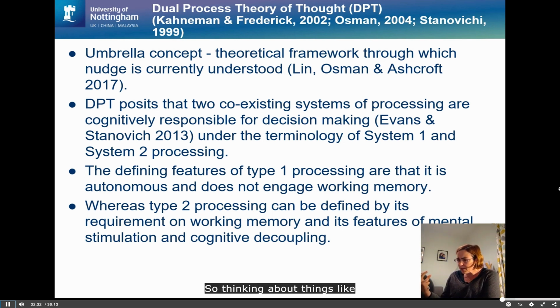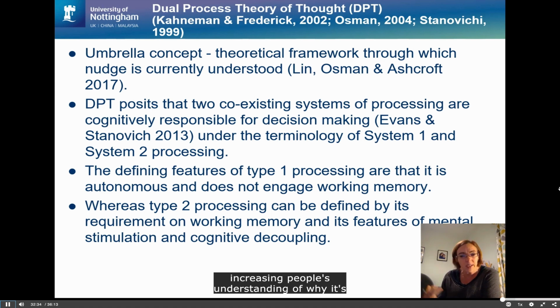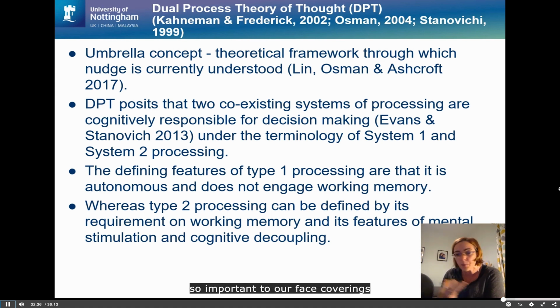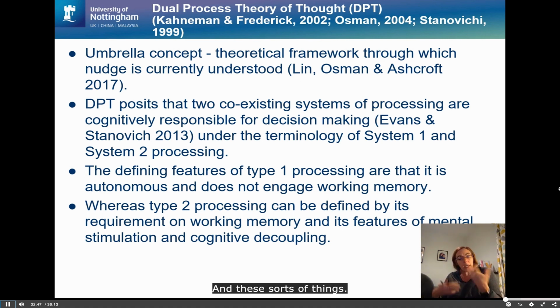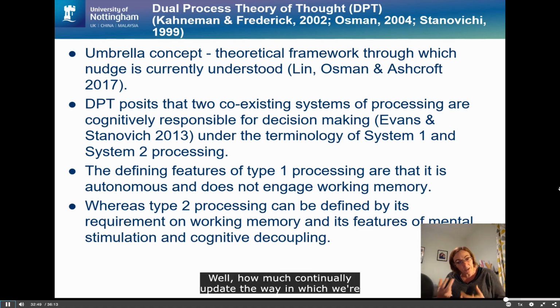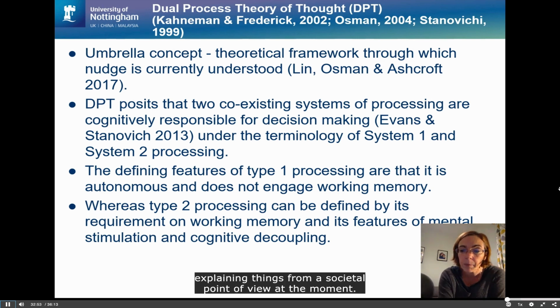So thinking about things like increasing people's understanding of why it's so important to wear face coverings properly over the nose and mouth, and why it's continually important to maintain social distancing even if maybe you've had COVID. So we're having to continually update the way in which we're explaining things from a societal point of view at the moment.